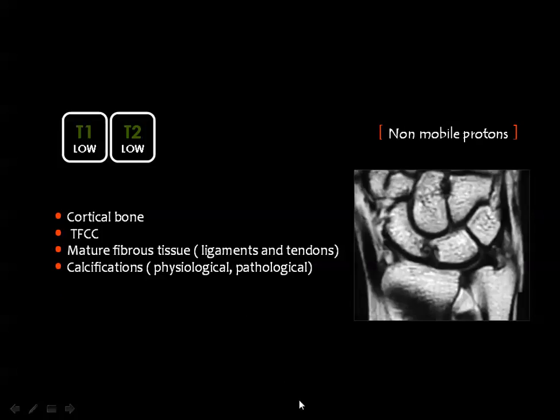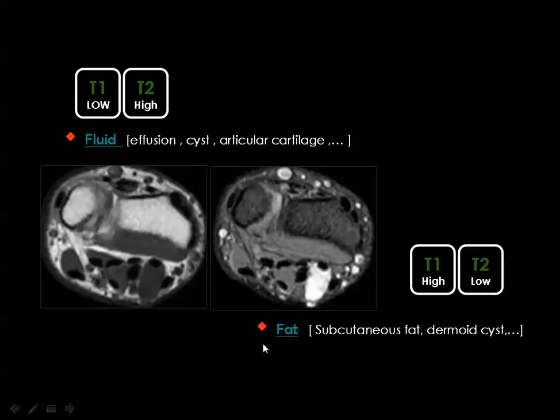And what are the structures which appear black in the T1 and T2? They are fixed structures like the cortex of the bone, mature fibrous tissue, ligaments and tendons, and calcium. In the rest, the triangular fibrocartilage normally will appear of low signal in the T1 and the T2 weighted images.